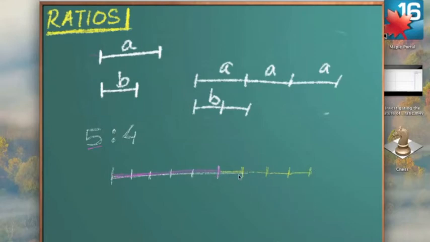So this length, the yellow length and the pink length are in the ratio 5:4. So if we had called this length A and this length B, then this would be A and this would be B. So the carpenter would have said, okay, I need to cut the wood in 2 pieces whose lengths are in the ratio 5:4, and you would have done this to give him that length.